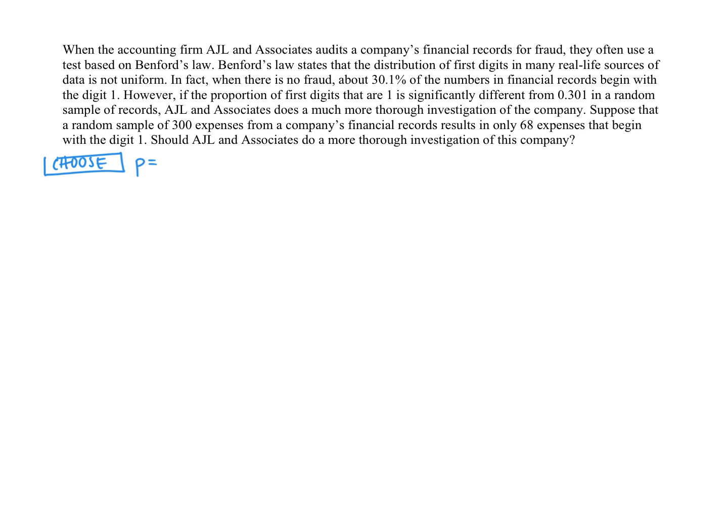So P is the true proportion of expenses beginning with the digit 1 for this company. We don't know the company name, but it's some company.